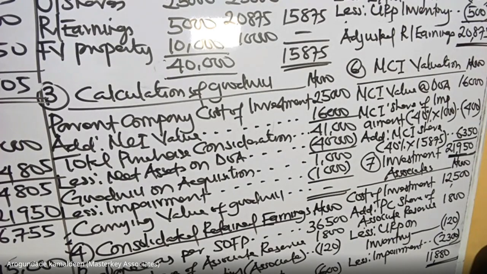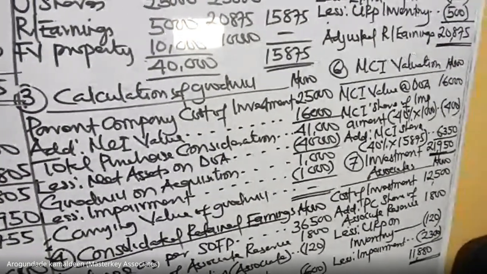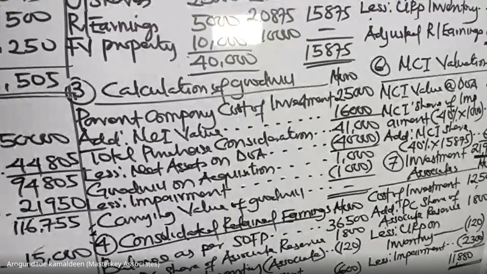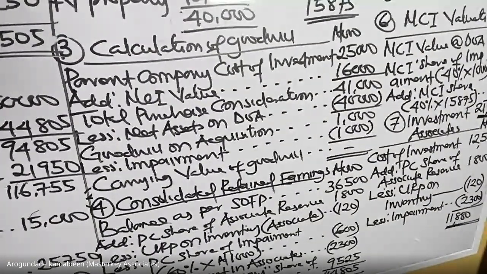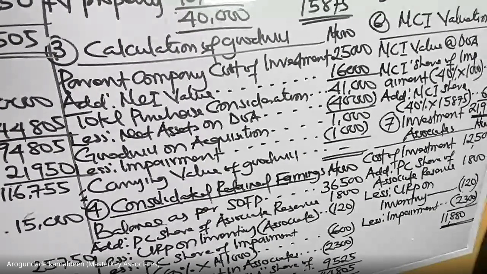And that is what we have just done now. Please, by God's grace, I don't expect anyone here to have issue with the preparation of consolidated statement of financial position between the parent and subsidiary, again, between the parent, subsidiary, and associate.